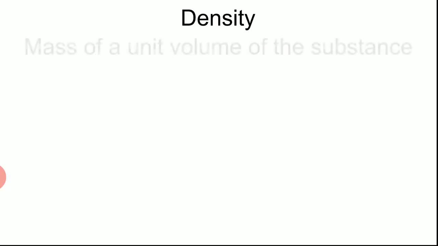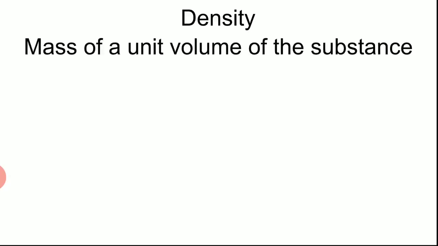So let us define a new physical quantity based on the relationship between mass and volume, which is density. So denseness of a substance will be discussed with the help of density, the physical quantity. Now it is dependent on the 2 other physical quantities which are mass and volume. So we define it as mass per unit volume of a substance.